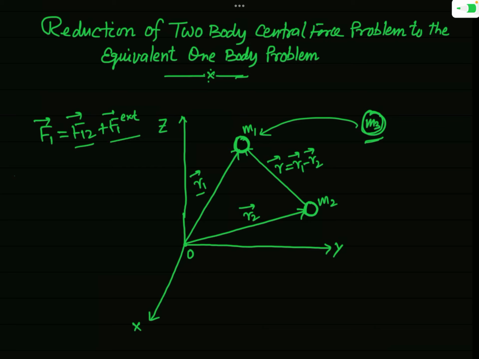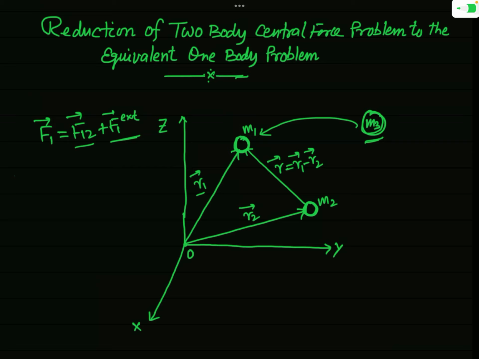Here, as I have told you, F12 is the internal force, the force exerted by mass m2 on m1, and F1 ext is the external force, that is the force exerted by m3, which is an object outside of this system. So the force exerted by m3 on m1 is called external force.